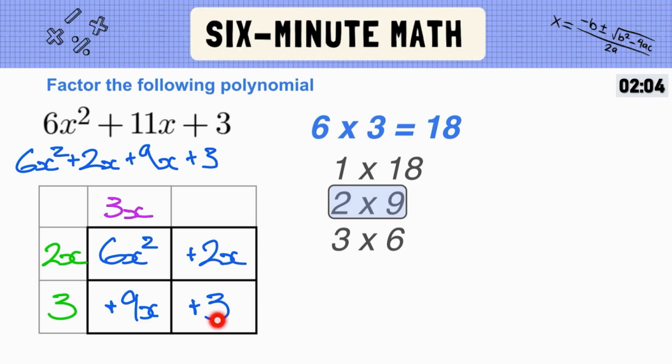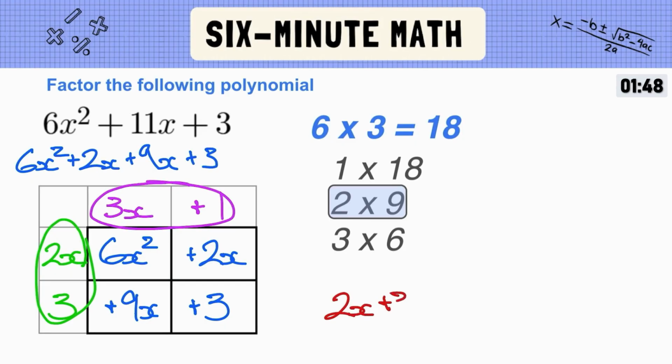And then 2x plus 3, my greatest common factor is positive 1. Those two outside terms give me my two binomials, giving me a final answer of 2x plus 3 and 3x plus 1.